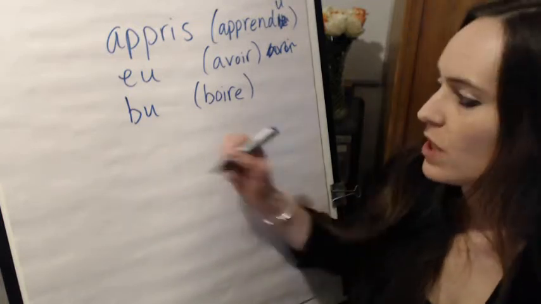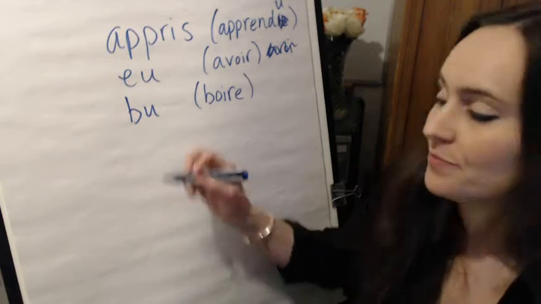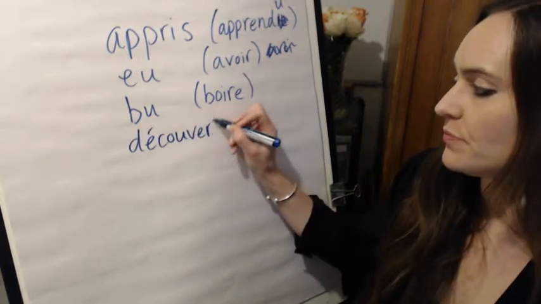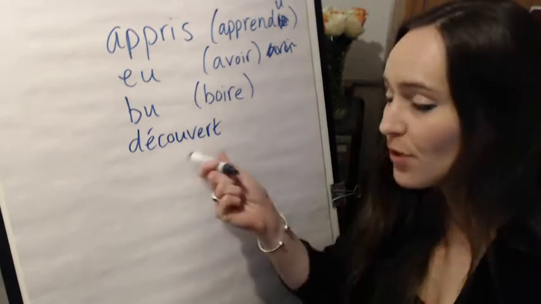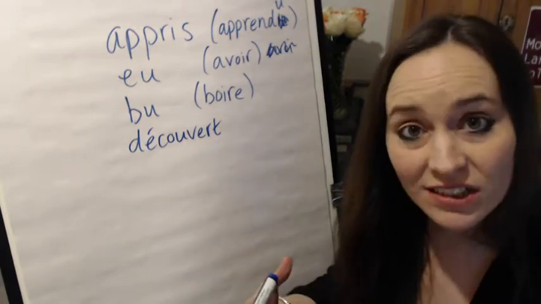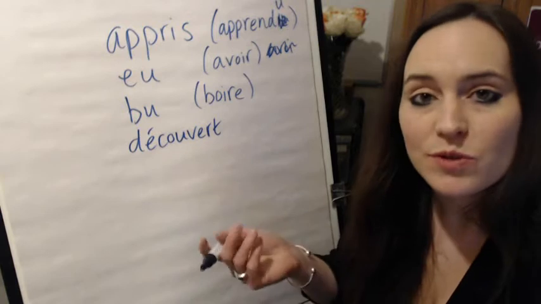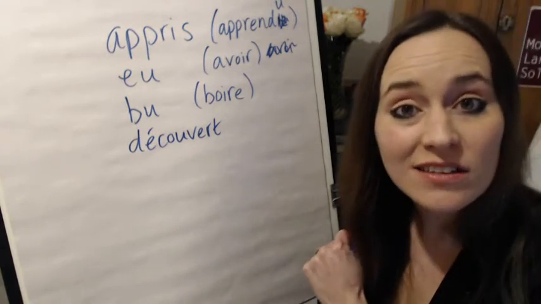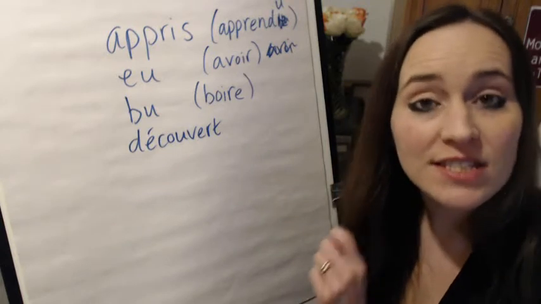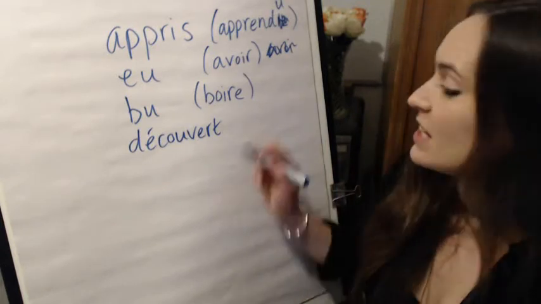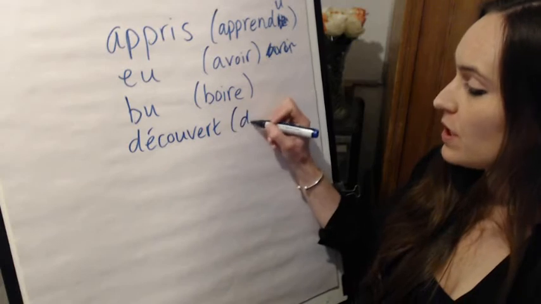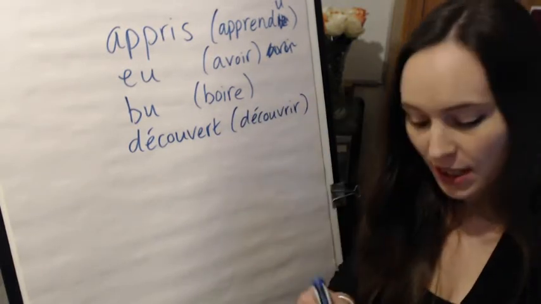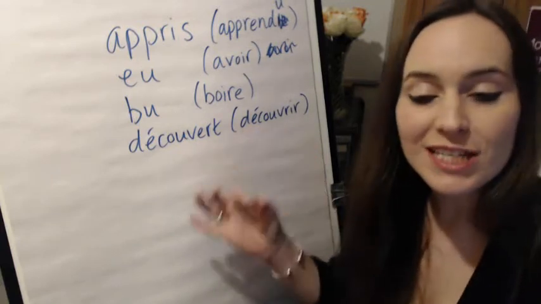Okay, this one is découvert. You can probably see what it means. It means to discover. So in the past participle it would be discovered. For example, j'ai découvert quelque chose. I have discovered something. Découvert is from the verb découvrir, to discover.